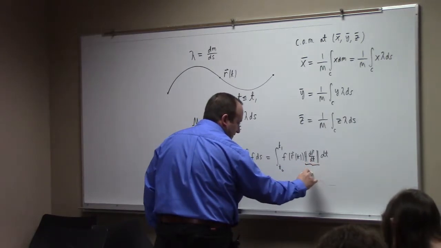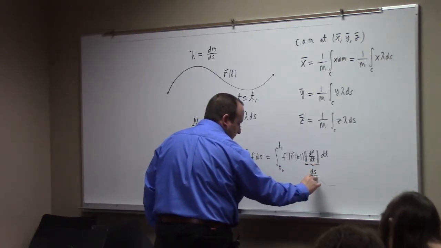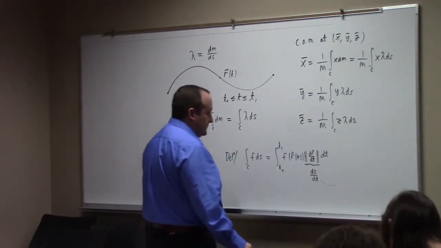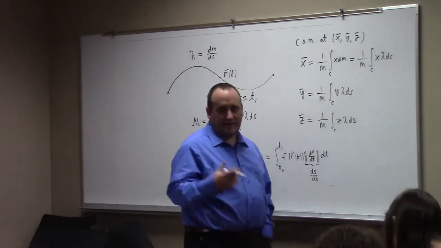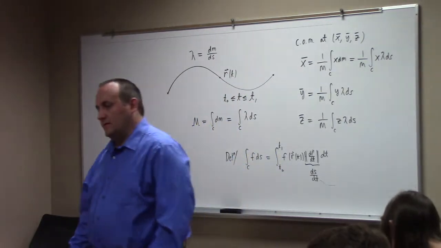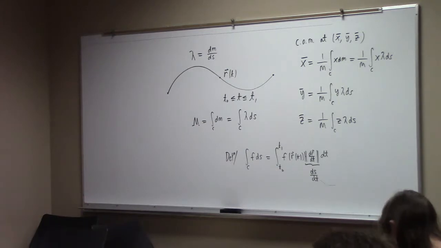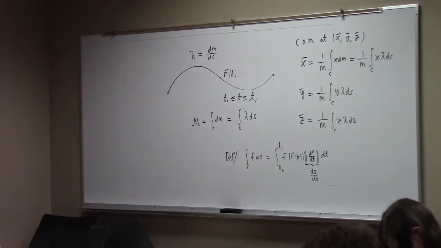You might recognize this as ds/dt. It's the speed. So the f here is either just lambda, or x times lambda, or y times lambda, or z times lambda, depending on which of these 4 integrals you're doing. So that's that problem. Which problem am I talking about? 96? All right.